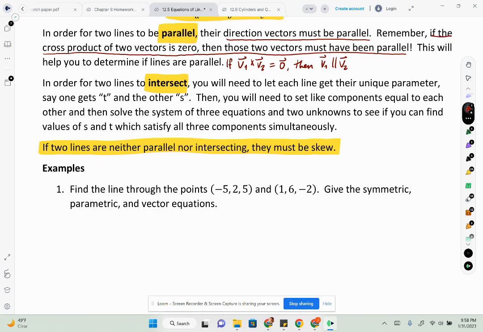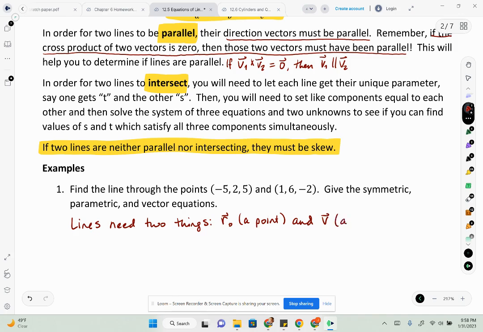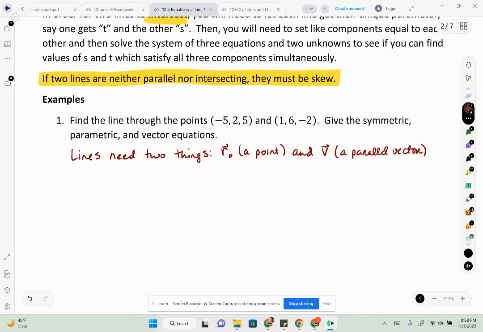Remember, for any line, we need 2 things. We need R naught, remember that's a point, and V, which is a parallel vector. Okay? And we've got a line that is through the points -5, 2, 5, and 1, 6, -2. I'm going to go ahead and name these P and Q, just so I have something to call them.